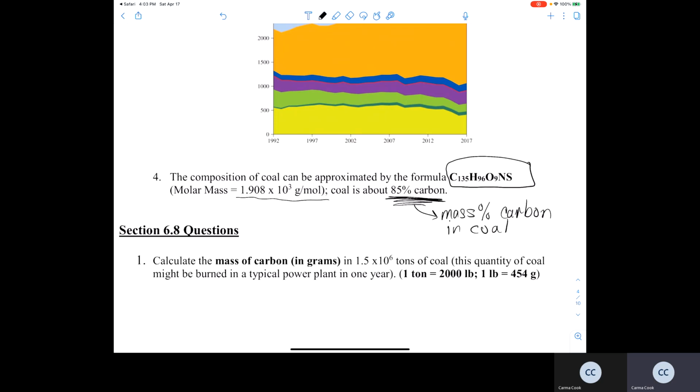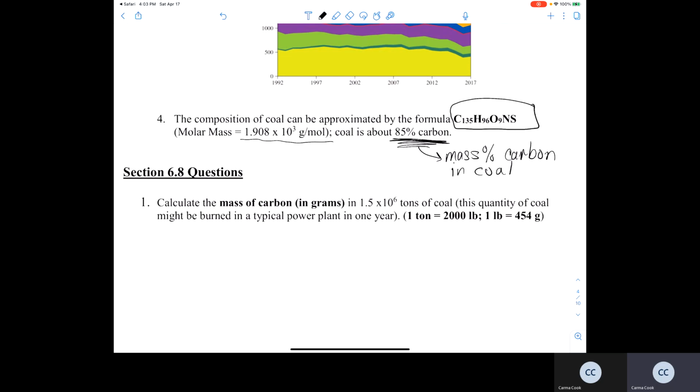If we wanted to calculate the mass of carbon in grams that exists in 1.5 times 10 to the 6 tons of coal, noting that this quantity of coal might be burned in a typical power plant over the course of 1 year, we have these helpful conversion factors.